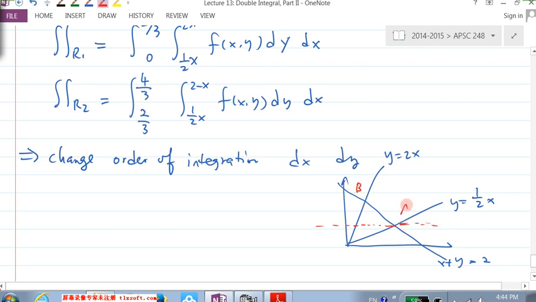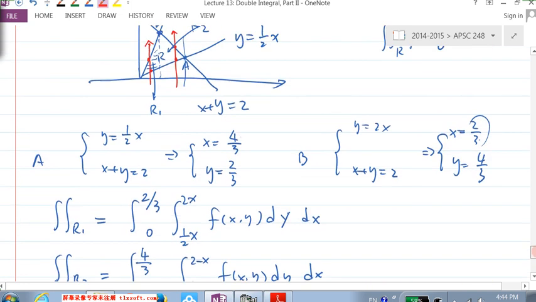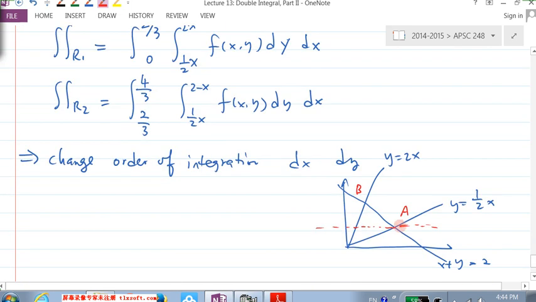This is B and this is A, and the coordinates of A you already had. If this is R1 and this is R2, you draw reading lines in the x direction. What will the limits be for R1 and for R2? Put down the limits.